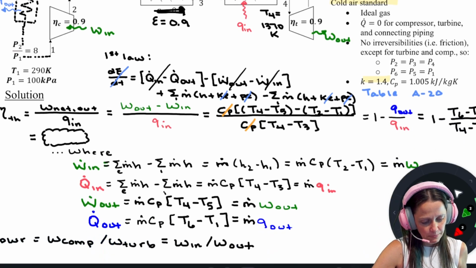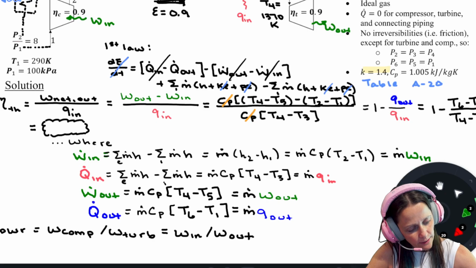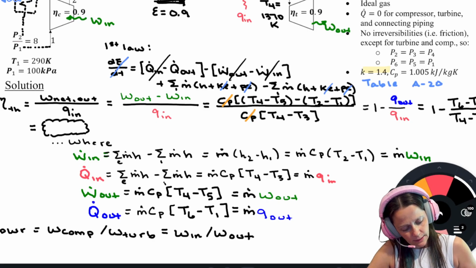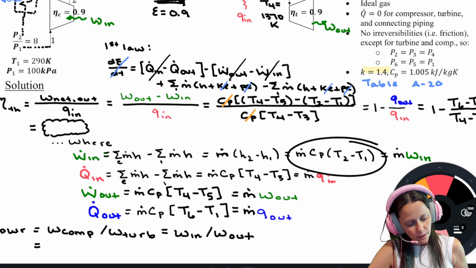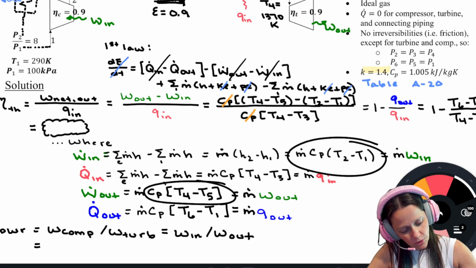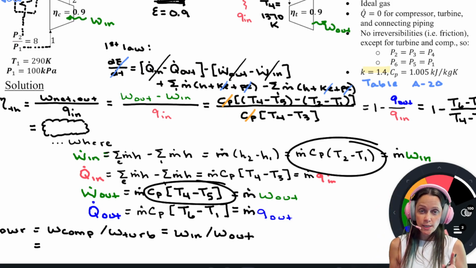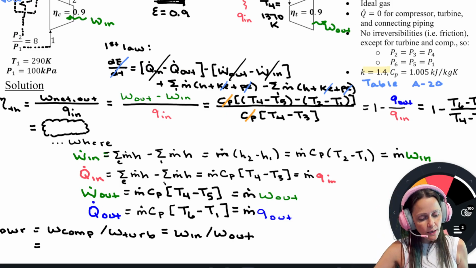Okay. So now that back work ratio just becomes, all right, I've got my work input, this guy right here, over my work output, which is this guy right here. And of course, the CPs are going to go away.